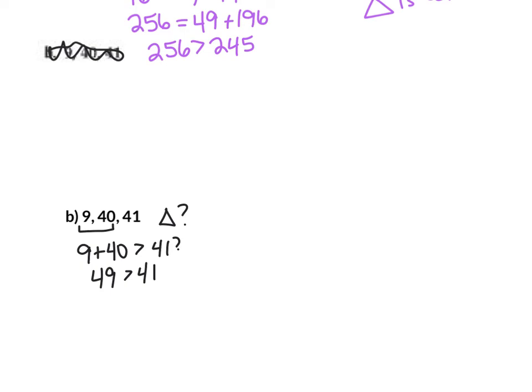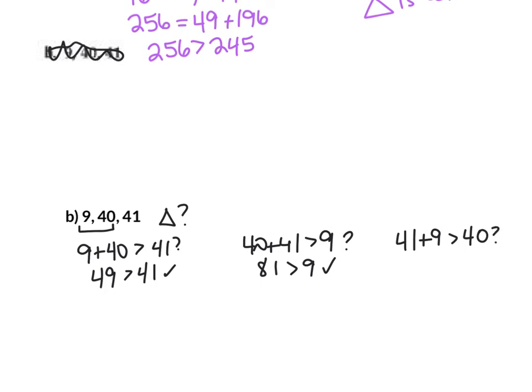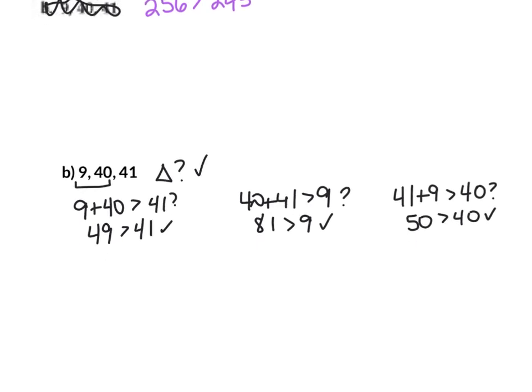Generally, if your two smallest sides are larger than your third side, then it is a triangle, but let's check our other pairs as well, just for security's sake. 81 is greater than 9, and then 41 plus 9, is this greater than 40? 50 is greater than 40, so yes. So we do know it is a triangle.